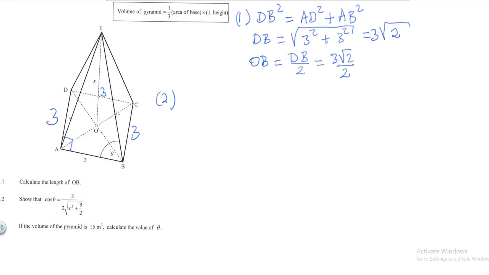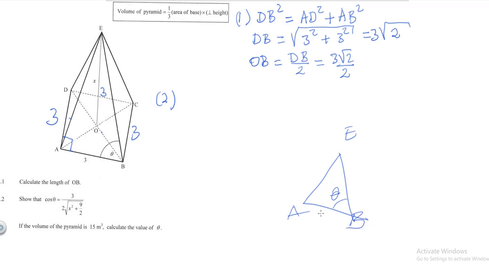Meaning that we need first to know the side AB and the side AE. Why? Because we have a triangle. This is a triangle that we have. Theta is here. We have AE and we have B here.